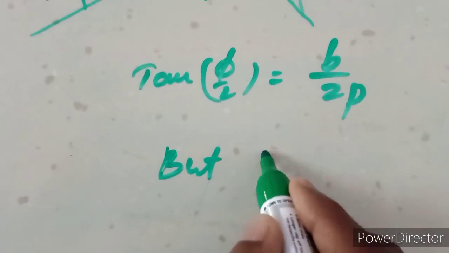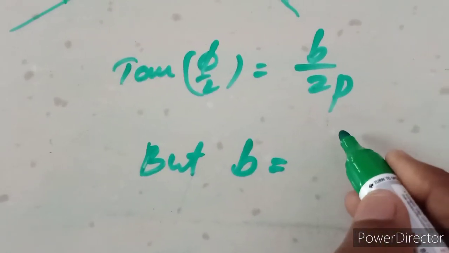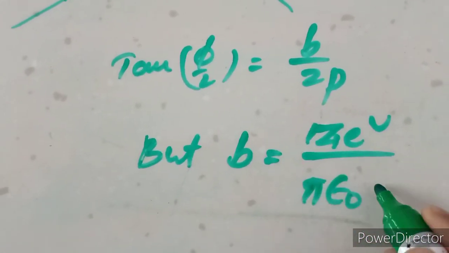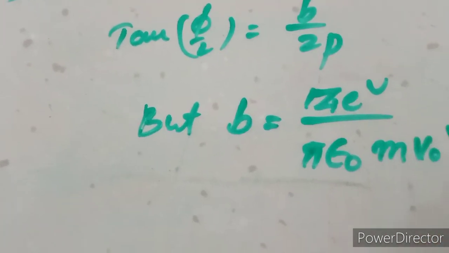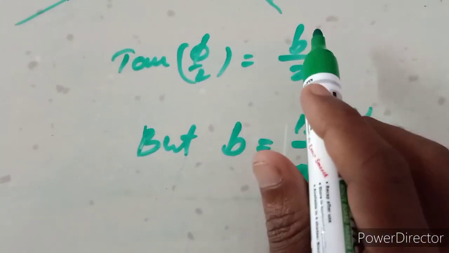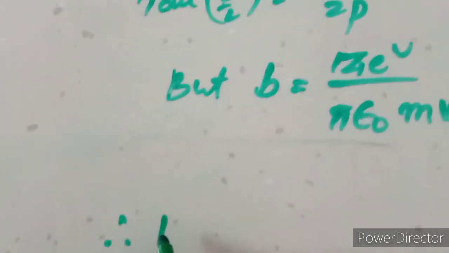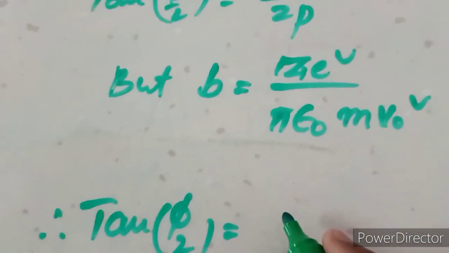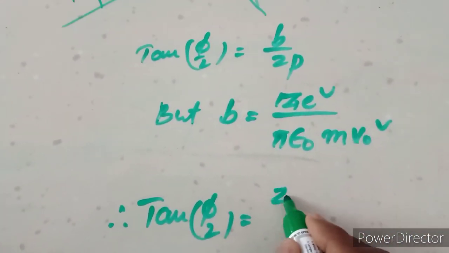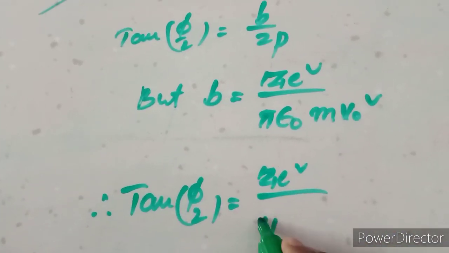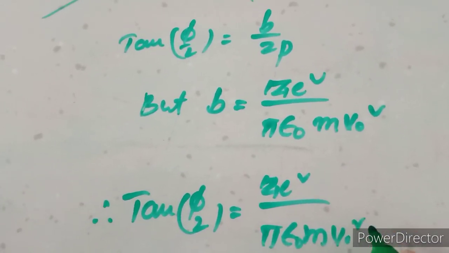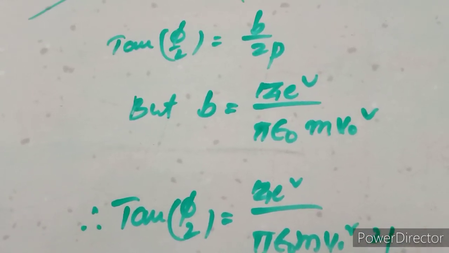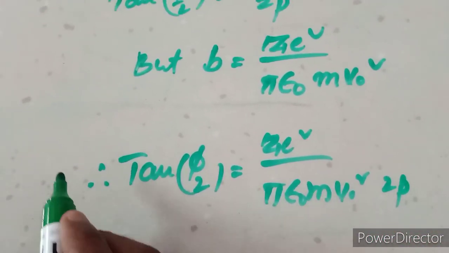But B, we already know that B equals Z g square upon pi epsilon naught m v naught square. So this value is substituted in this equation. Therefore tan phi by 2 equals, B means Z g square upon pi epsilon naught m v naught square, remaining 2P.